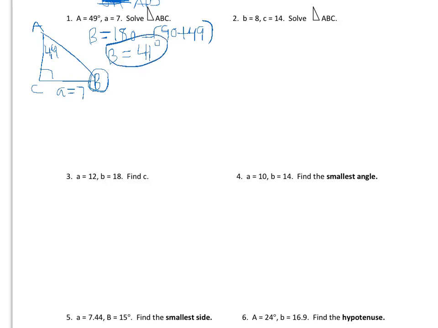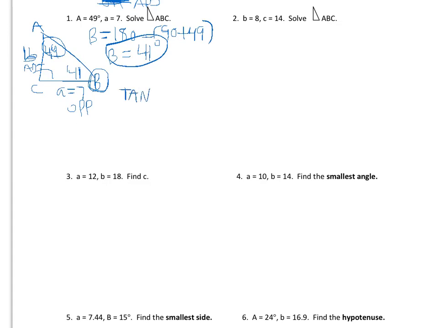Let's say I want to get this side right here. This is little b. If I want to do little b, I have some options. Let's say we use the 49 degrees. If I use that, little a is the opposite, and this is the adjacent. So I have opposite and adjacent, I'm going to use tangent.